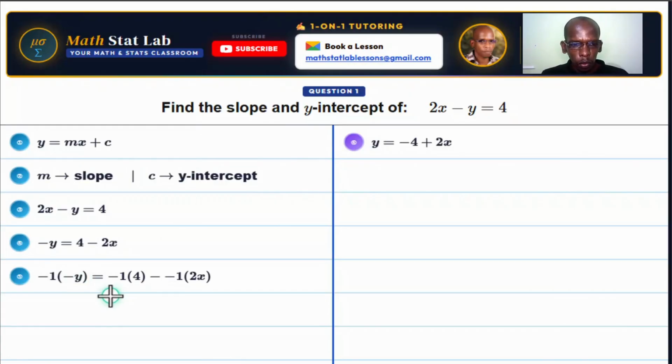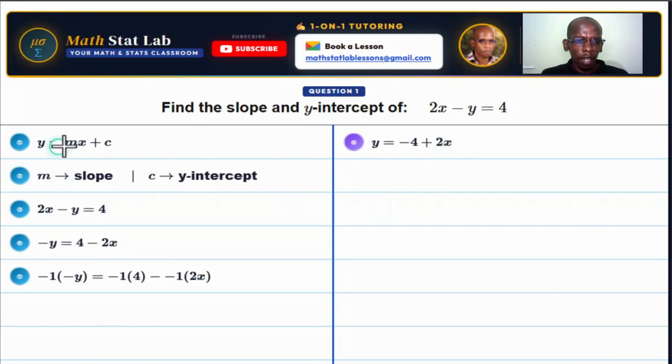Then it is equal to negative 1 multiplied by 4, so it will be negative 4, because 4 is positive, multiplied by negative, it will be negative. Then negative multiplied by negative here will be positive, so it will be positive 2x, because 1 multiplied by 2x is just 2x. So now it becomes y is equal to negative 4 plus 2x.